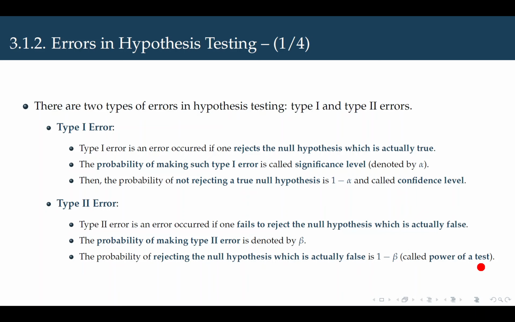And the probability of rejecting that null hypothesis, which is actually false, is power of a test. And it is just 1 minus the probability of committing type 2 error. So these are the two common types of errors in hypothesis testing.